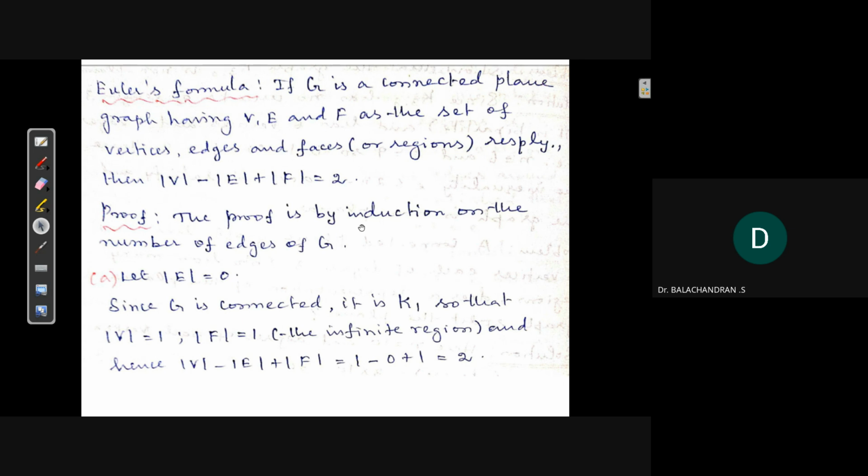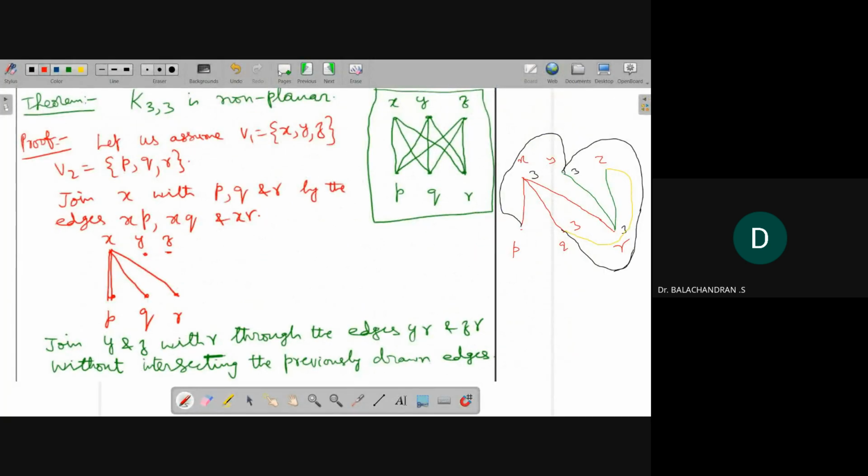So the proof is by induction on the number of edges of G. You know mathematical induction. Here you are going to use mathematical induction on the number of edges of the graph G. First I'll start with the number of edges equal to 0, that is, there is no edge. Since G is a connected graph, no edge means it should be K1.